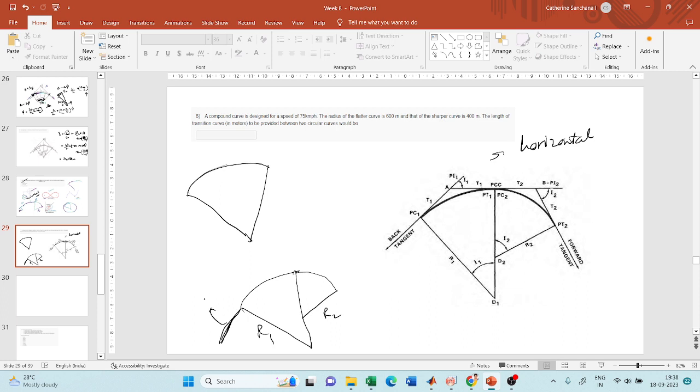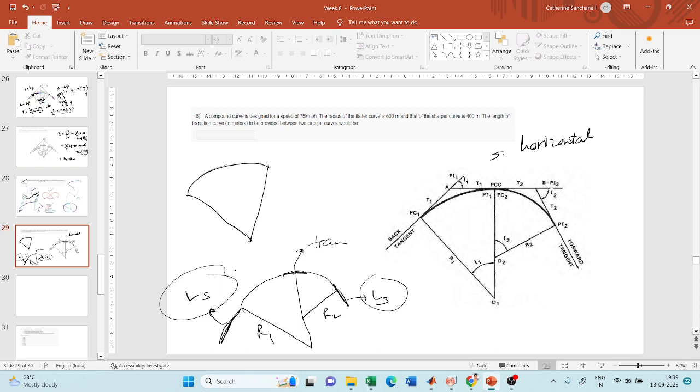You will find out the length of the transition curve as it is, using the three formulae we know. Here also at the end you will find the length using the three formulae. Now between these two curves you also have to provide a transition curve, and that is what they are asking you to find.